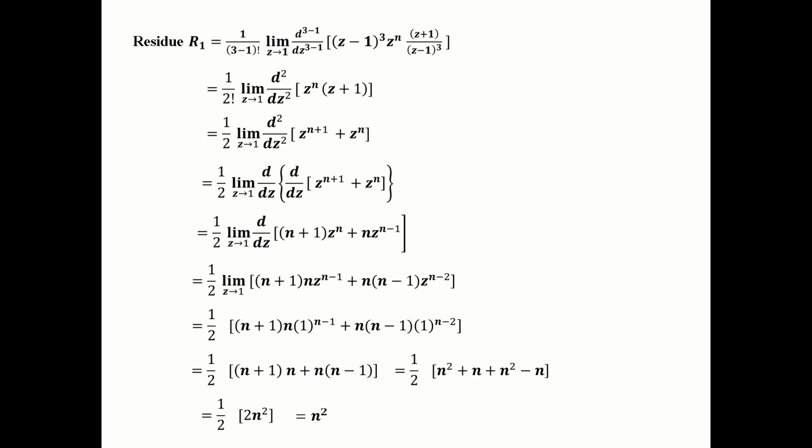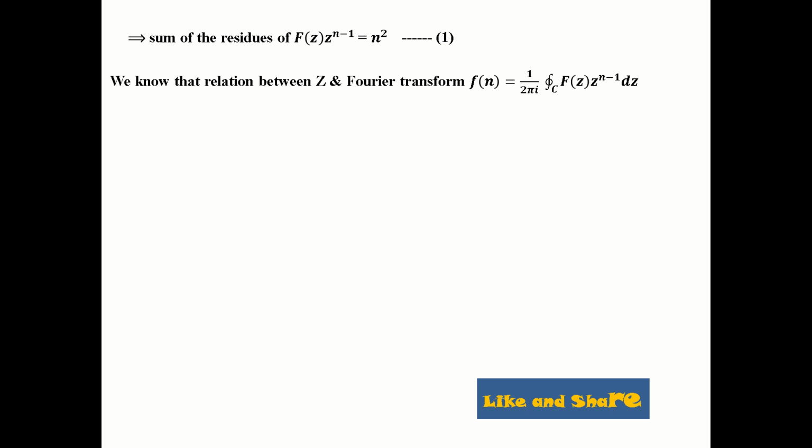So therefore, the relation between Z transform and its inverse: we know f of n is equal to 1 by 2 pi i integral over C of F of z power n minus 1 dz. So substituting those values, and we know by Cauchy's residue theorem, integral over C of F of z power n minus 1 dz is equal to 2 pi i into the sum of the residues.